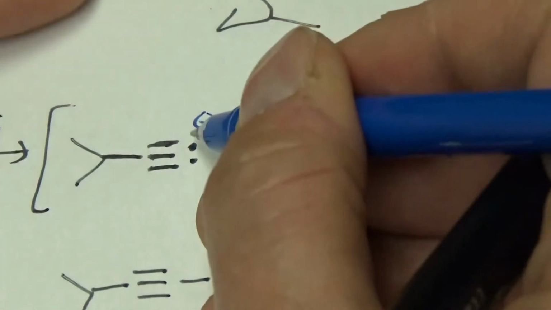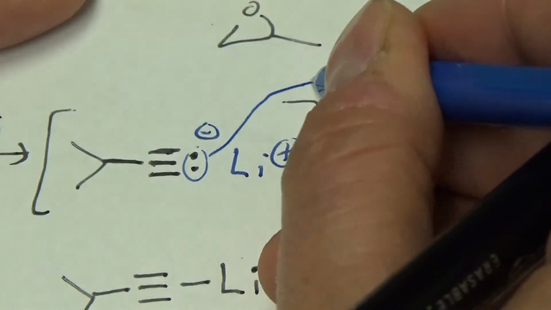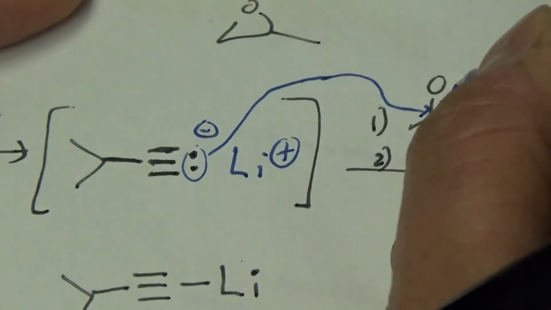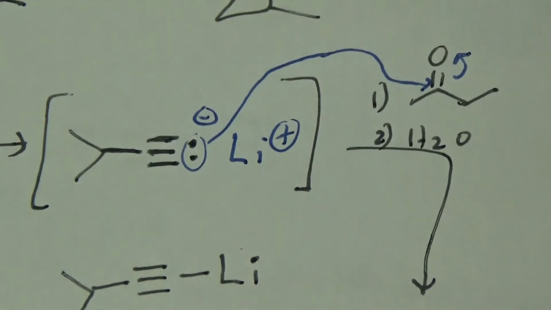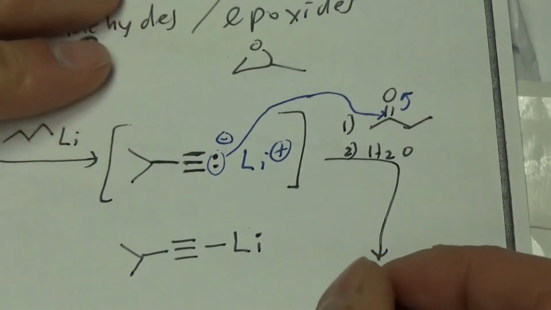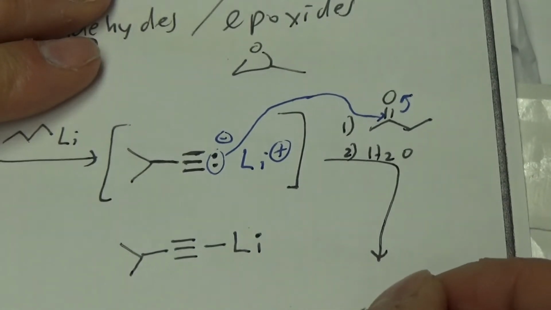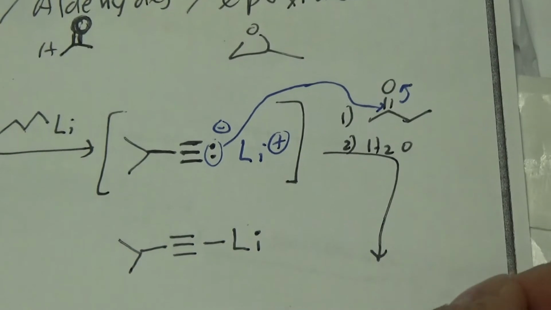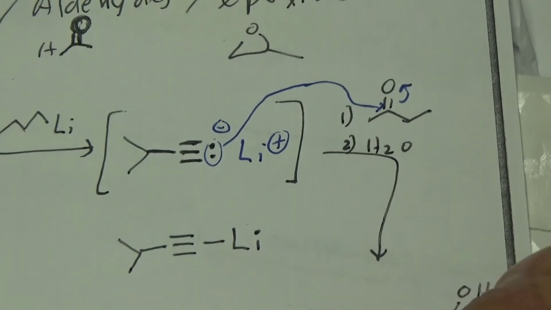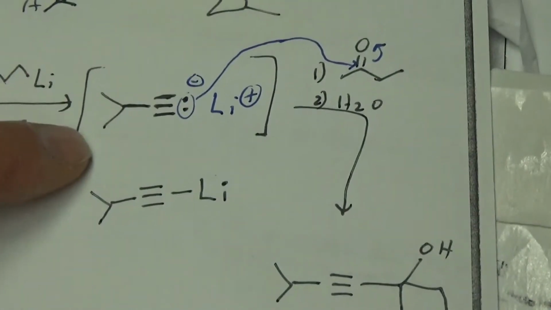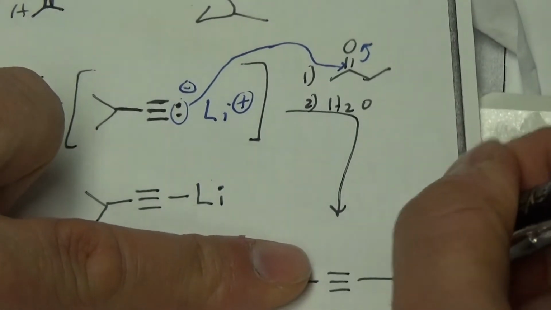I like to draw circles around the lone pairs. Attack, form a bond, form a CC bond, right? And now what do we got? We have now an OH, methyl, ethyl. Whoops, it's not an OH yet. It's O minus, right?